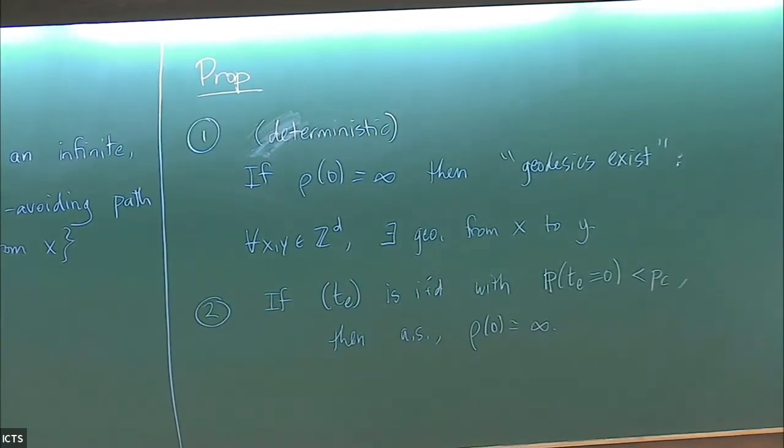Now this number two, you could probably prove directly from the shape theorem, although we're not making any moment assumption here, so you would have to use a souped up version of the shape theorem that requires no moments. But we're going to prove it directly without the shape theorem. If you put 2 and 1 together, you get that if the probability T_e equals 0 is less than p_c, then geodesics exist almost surely.